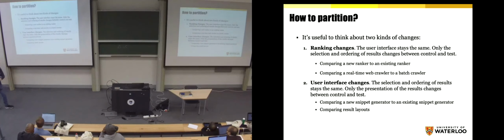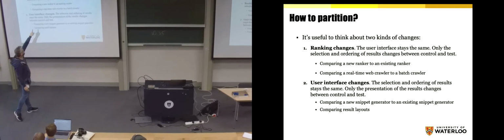Changes to the ranker, so changes to the machine learning algorithm. This means that the user only sees different results. They don't see them presented differently. Okay, there's no UI change. It's just that the result that used to be at 2 is now at 1, or the result that used to be at 10 is now at 1, or the result that was never there is now at 1. Right? Something got better.